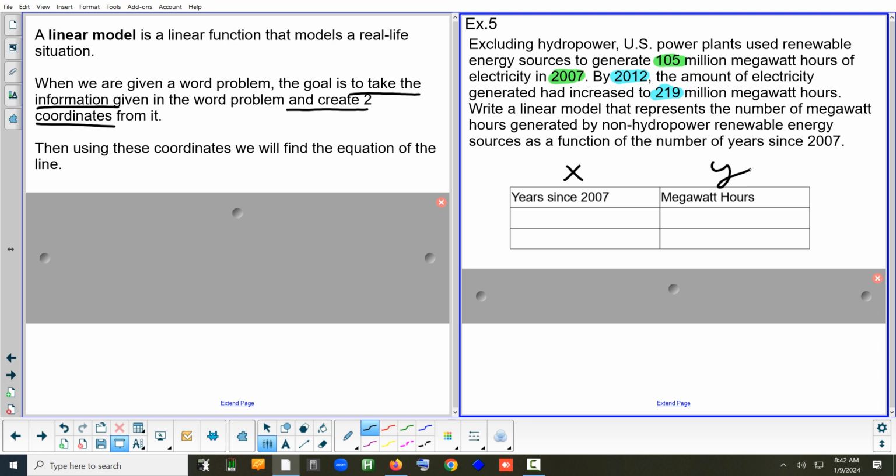How many blanks do we have in the table to fill in? 4. And how many numbers did we highlight up above? 4. So those 4 numbers are going to tell us what goes in that table. All right, so let's start with, we'll call this row 1, and that's row 2. Okay, so row 1. Look at what's highlighted in green.